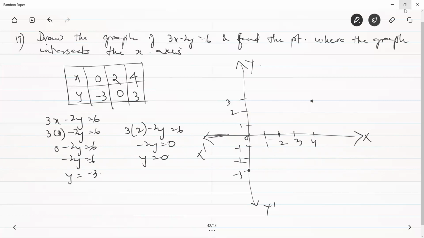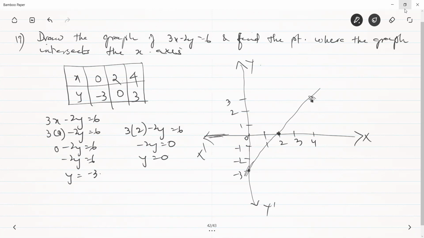Okay. Now it should be like this, somewhere here. Okay. Now what is it asking? Find the point where the graph intersects the x-axis. Obviously the graph intersects the x-axis at the point where x is 2.